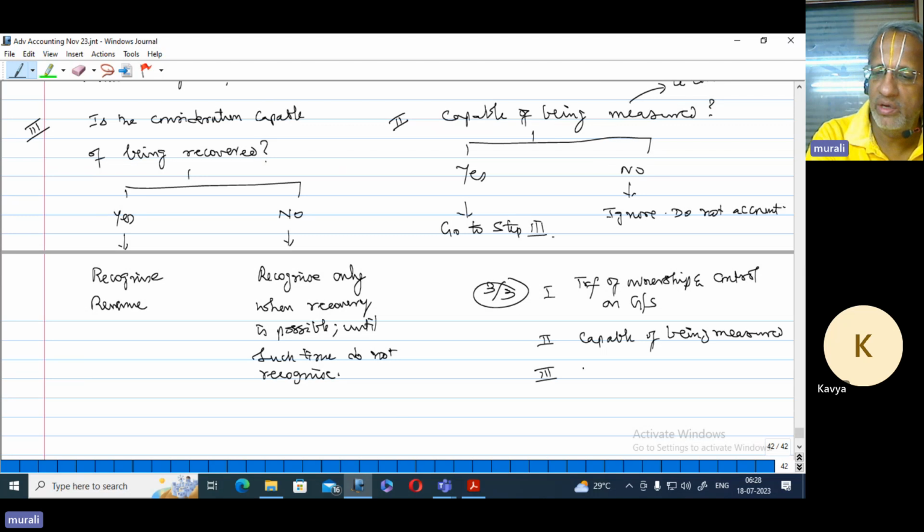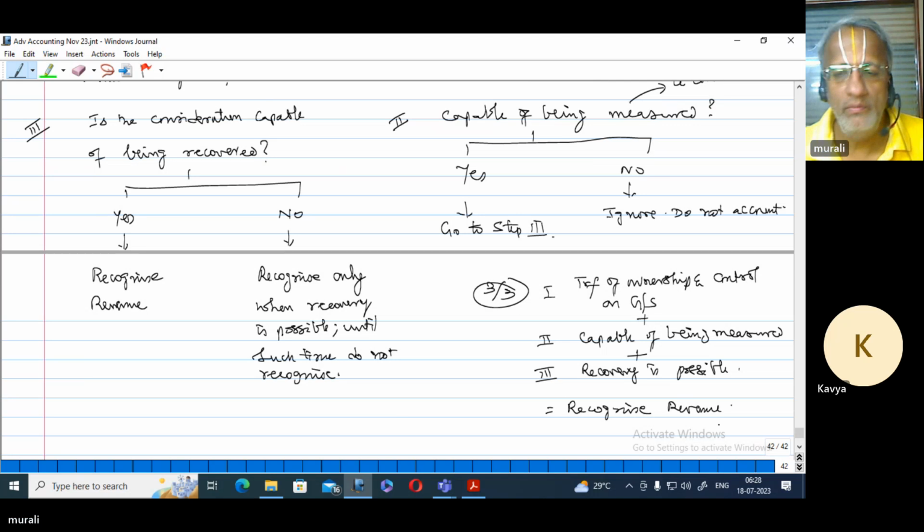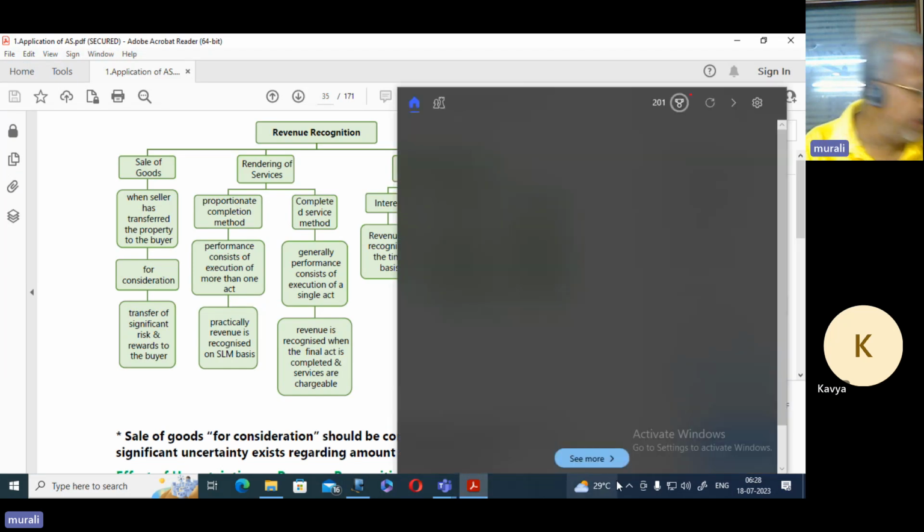And number three, only when recovery is possible. All the three conditions are to be satisfied, only then recognize revenue. Are you understanding? Say yes or no. Yes, sir. Right. Good.